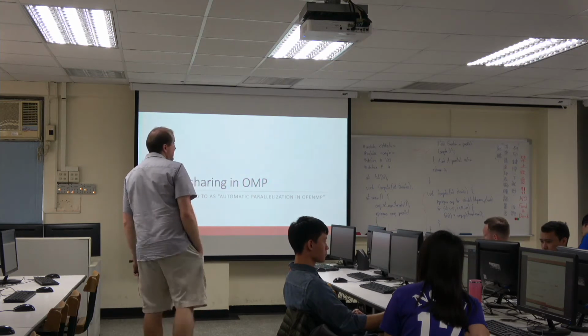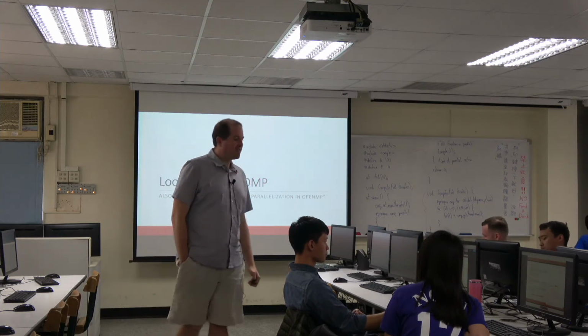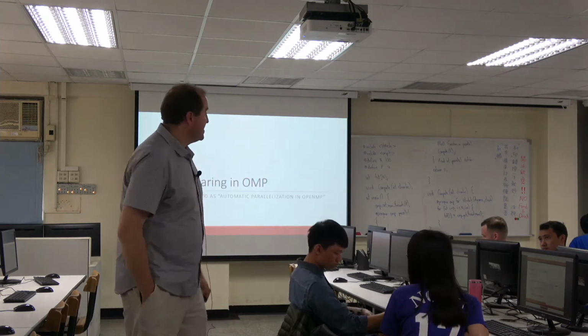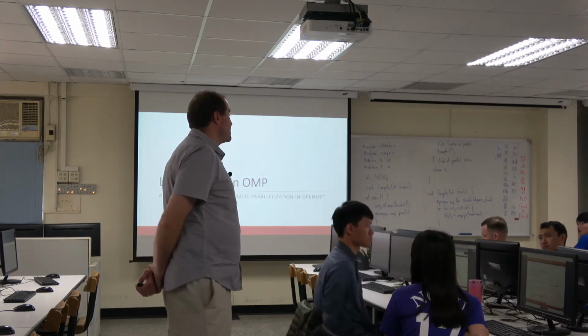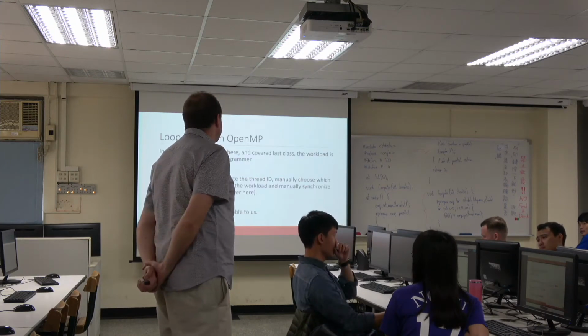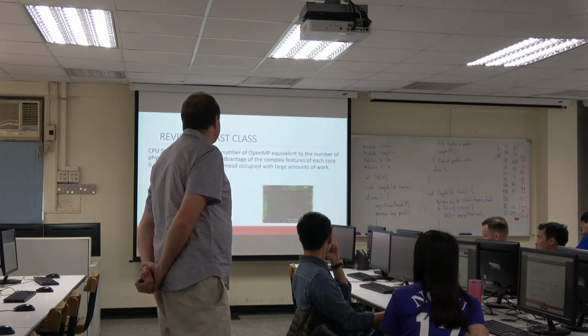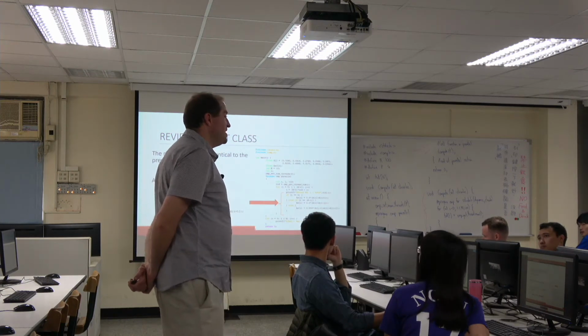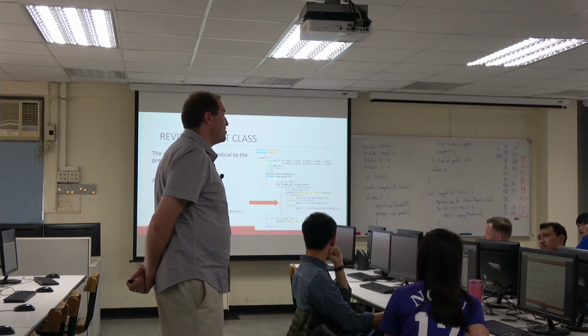All right, today, loop sharing in OpenMP. I'm sorry, because last week's class, this work, using manual parallelization to parallelize a section of code, is not the way that we normally parallelize work in OpenMP.